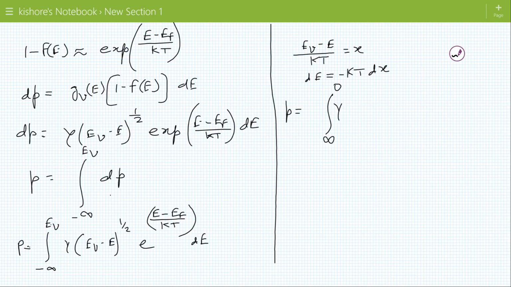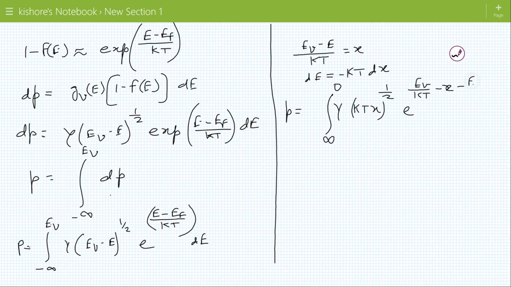Now gamma (EV minus E) means (kT x) to the power 1 by 2, and e to the power E by kT is replaced by EV by kT minus x.